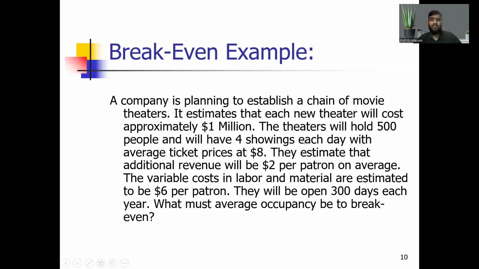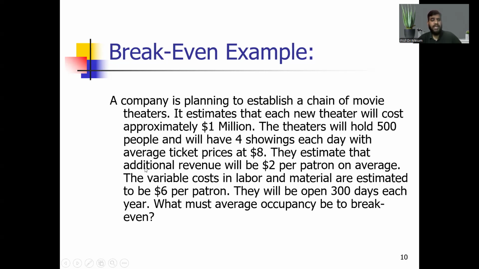Per day, your total number of customers will be 2000. And with an average ticket price of $8, that means your sales price. So you have your fixed cost of 1 million and your ticket price of $8 as your sales price.